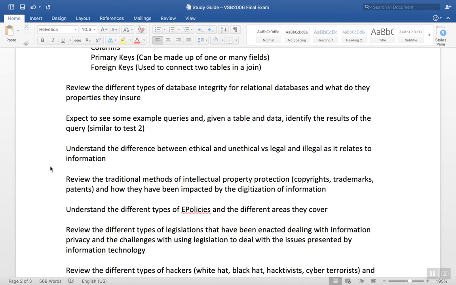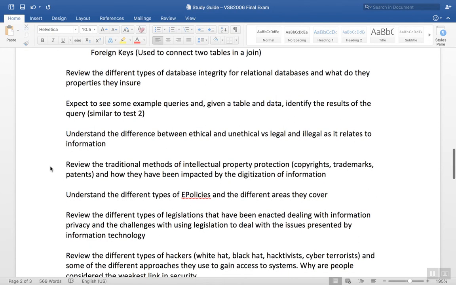Ethical relates to acceptable or defined uses of information, versus legal, which actually has an enforceable aspect to it. So it's possible to have something that's legal and unethical. Ideally, what you'd want is something that's both legal and ethical.